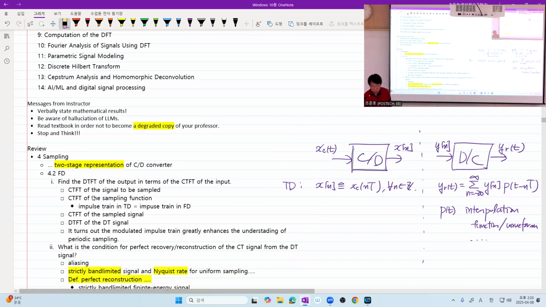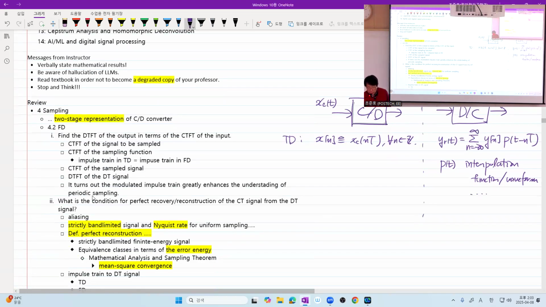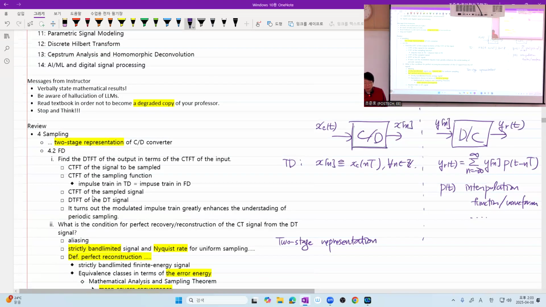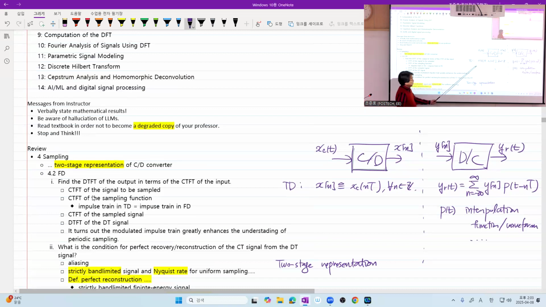So before we talked about the main result, we had the so-called 2-stage representation. Anybody remembers? So instead of just defining the output as the evaluated version, the authors of our textbook and many people have the standard approach to divide this C2D converter into 2 serially connected subsystems.